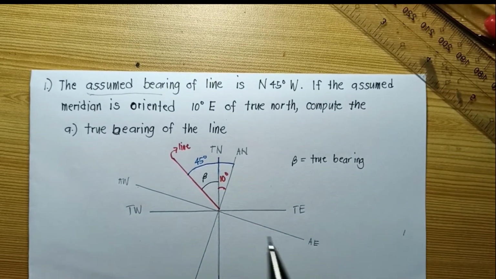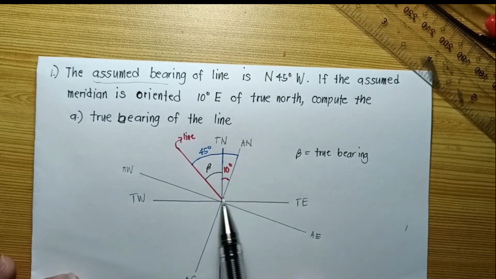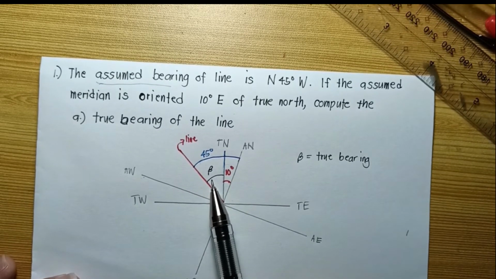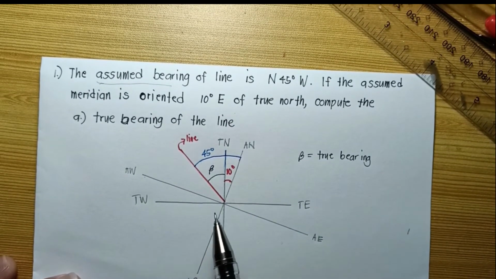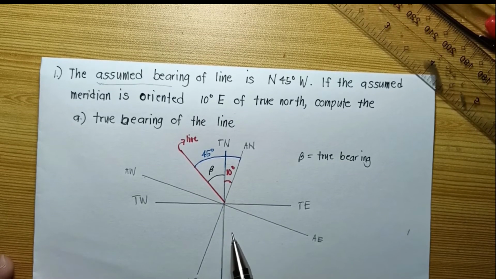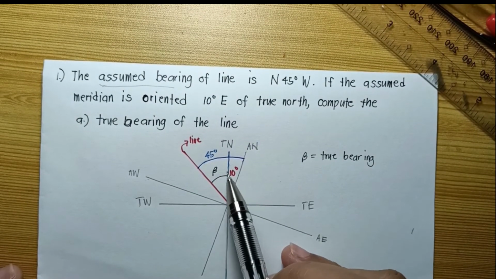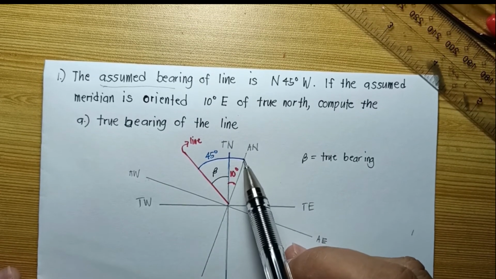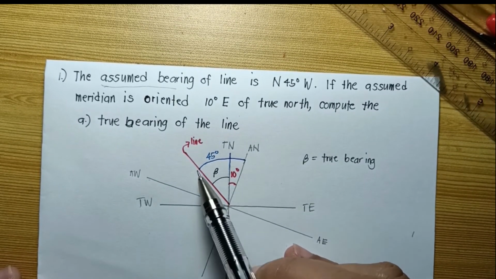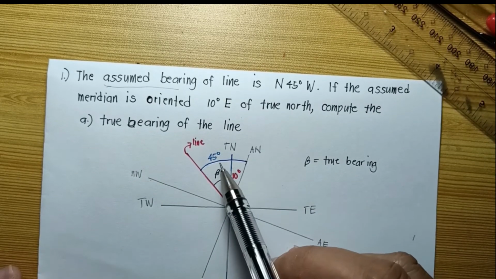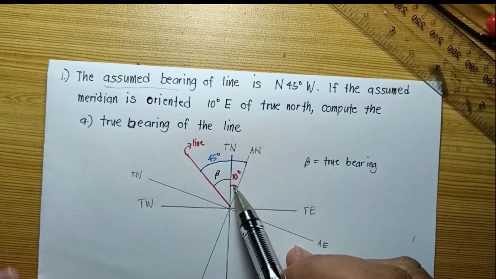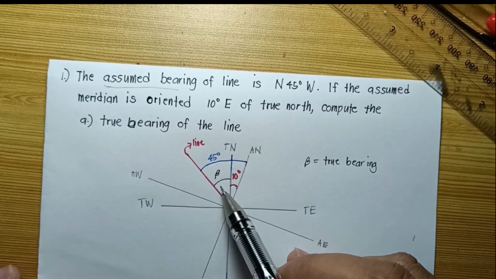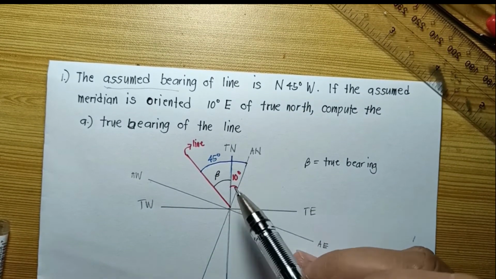Okay, so given this illustration, we can finally solve what is beta. Beta, based on this illustration, is our true bearing. So we have here, if the angle between this line is 45, and the angle here is 10 degrees, we can say that beta is equal to 45 minus 10.